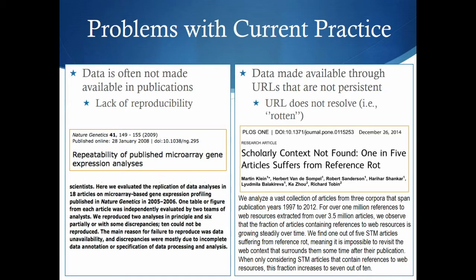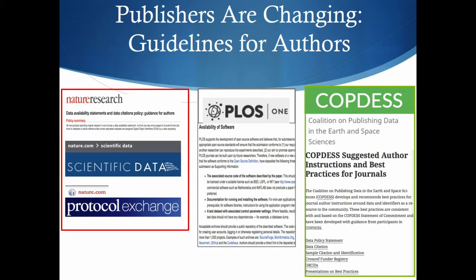Also, many times we make data or software available through URLs, our lab URL, our university URL, and oftentimes those URLs rot. So they are no longer operational. I'm citing here a paper showing that one out of 5 articles has reference rot after just a few months. So this is not a very good way to publish papers that are supposed to be archival and durable.